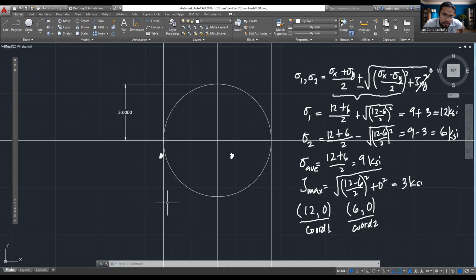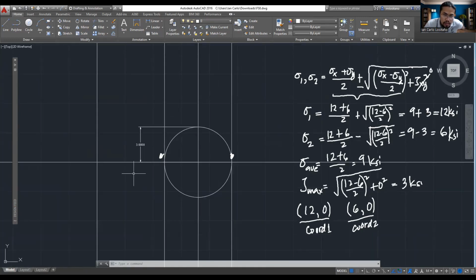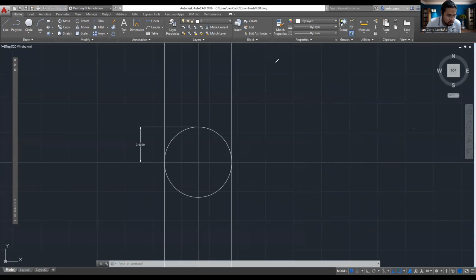But in ductile materials, there's a concern because you have the concept of the absolute maximum shear stress, which is abs max.